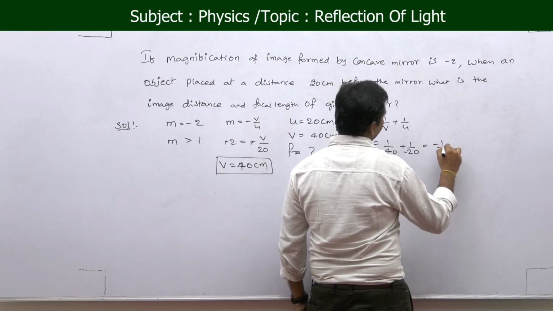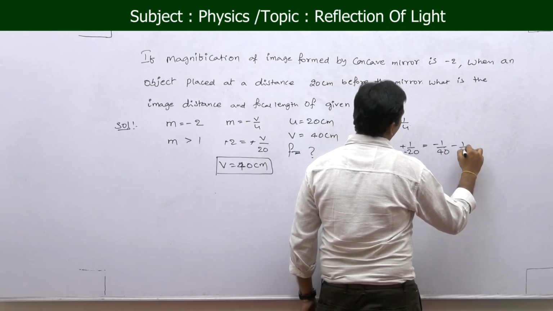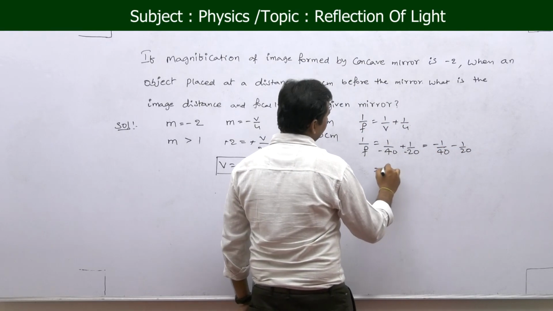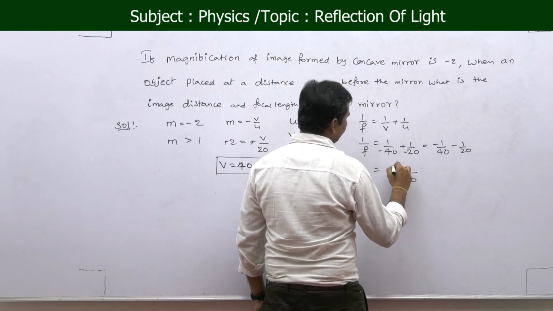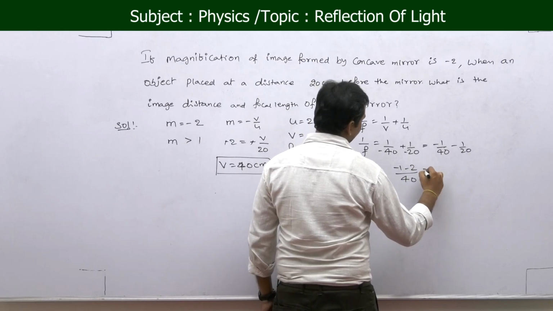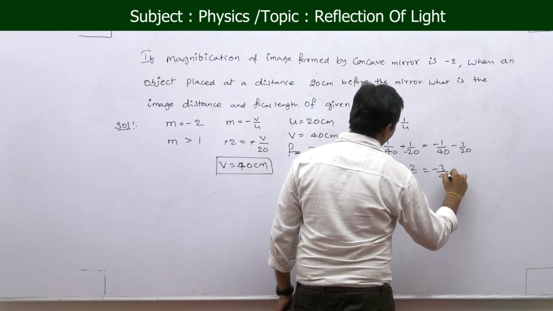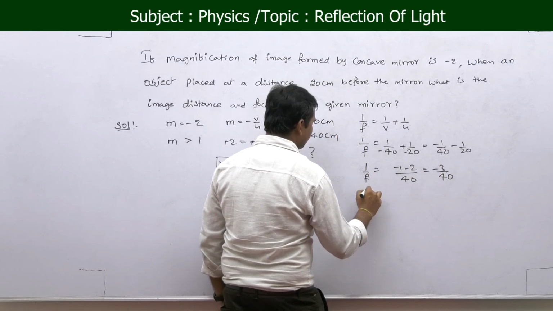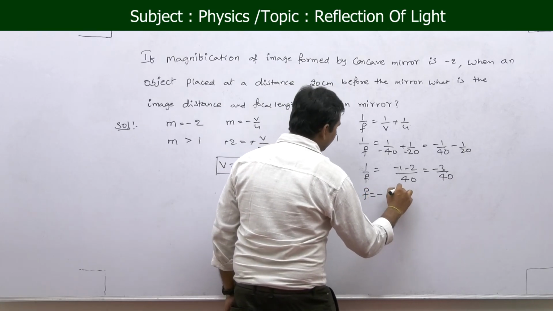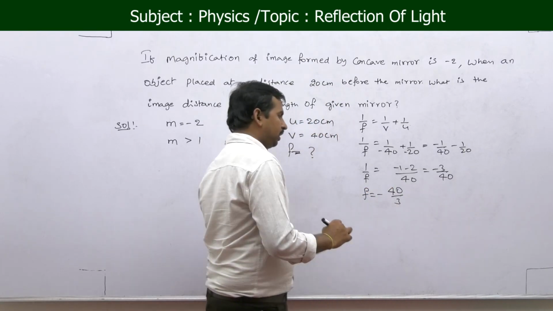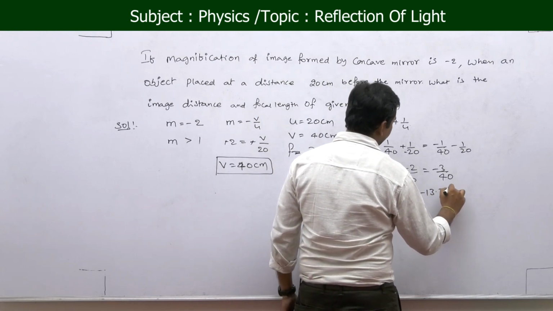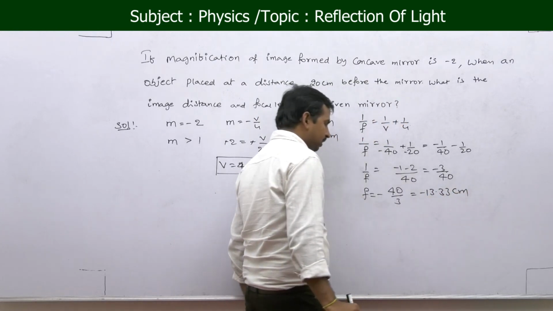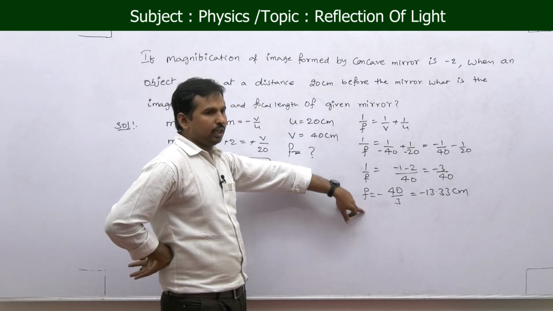Then here minus 1 by 40 minus 1 by 20. Then taking the LCM, 40, minus 1 minus 2, which is minus 3 by 40. This is 1 by f. Then f becomes minus 40 by 3, which is equal to minus 13.33 centimeters. So this is what we got as the focal length for the given concave mirror.